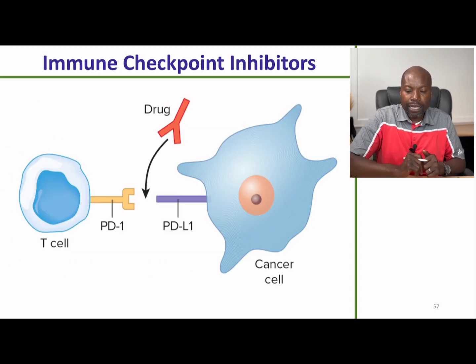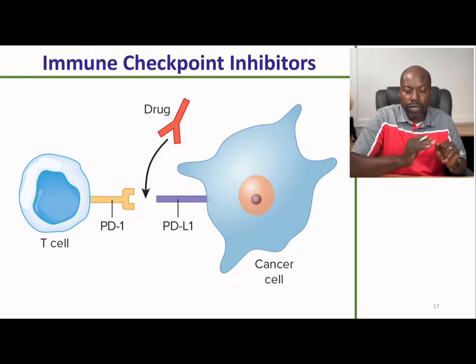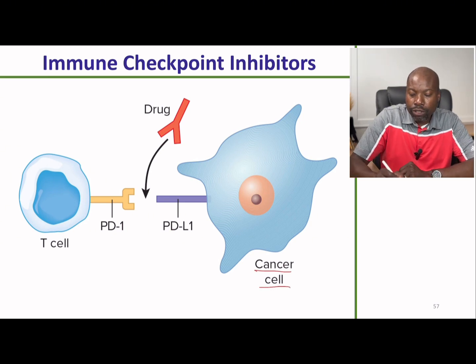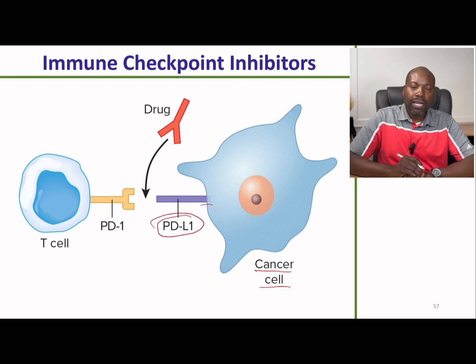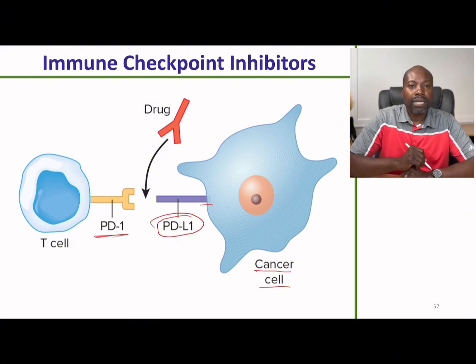So more specifically, I got a little bit confused earlier. Specifically, a cancer cell is going to have on its surface a PD-L1 receptor. That PD-L1 receptor recognizes PD-1, that is a signal molecule, and that signal molecule is attached to a T cell. Now, normally, PD-1 attached to PD-L1, right?